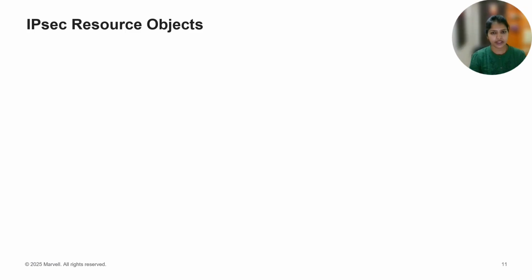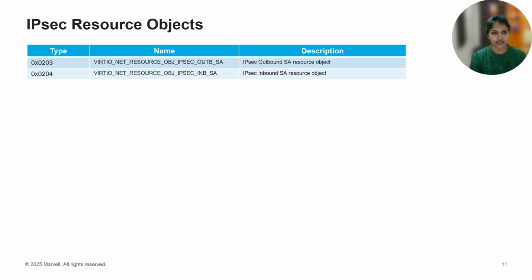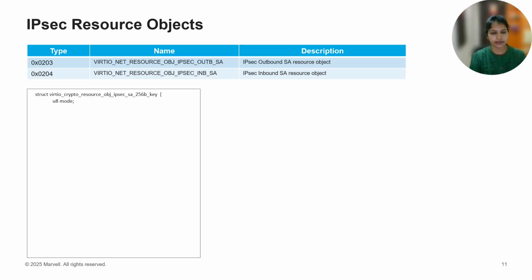Integrating IPsec into virtio-net requires the introduction of two resource objects. The IPsec SA resource object contains the necessary parameters for packet encryption and decryption, including IPsec mode. Mode we have discussed in the previous slide. Direction specifies inbound or outbound. Object ID is the resource object identifier of the SA. SPI is the IPsec packet identifier.